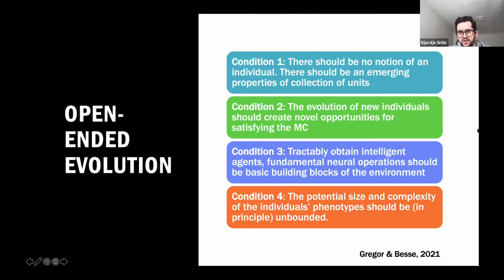This year, there was a paper from Gregor and Besse that took 2 conditions from the previous slide and added 2 new conditions. One specifically that I like is that there should be no notion of an individual. The concept of an individual should be an emergent property of the system. So we see that people are still struggling with conceptualizing what open-endedness means, but we know it intuitively when we see it happening.